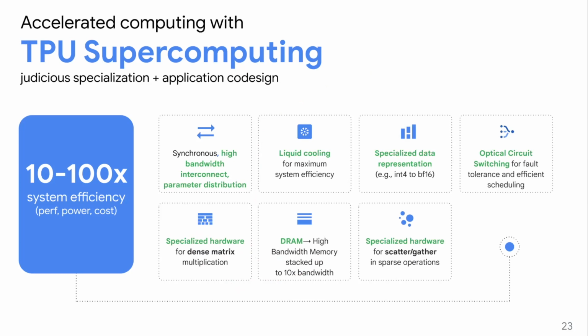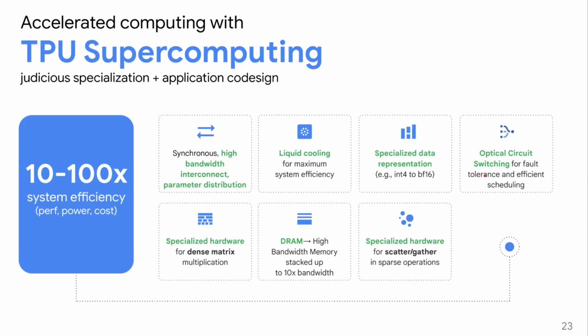It's intended so that an MLP wants to do a big matrix multiply, so we're going to give you a big matrix multiply. And that's how we're going to do matmuls and convolutions. DRAM is high bandwidth memory, stacked and connected 2.5D between chips over low profile bumps, as opposed to having pads for something like an LPDDR DRAM. Specialized hardware for scatter, gather, and sparse operations. That's the SparseCore that I mentioned before.